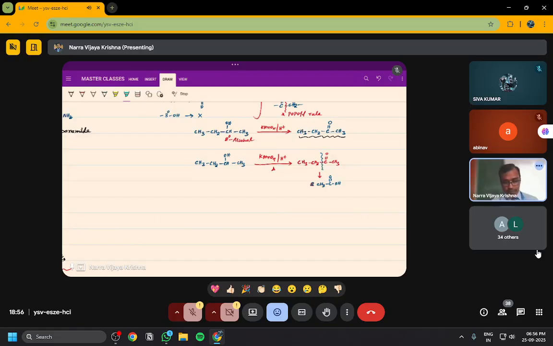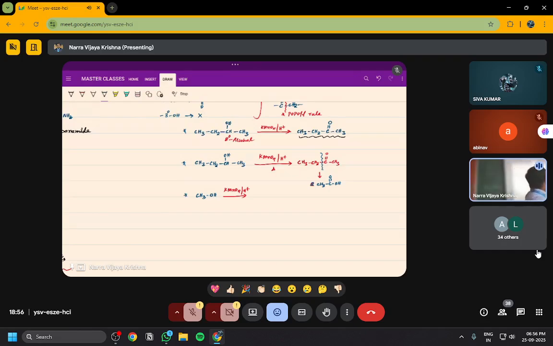For example, CH3OH methanol allowed to react with KMnO4 in presence of H plus. Now tell me what should be the product. Only one carbon. What should happen?